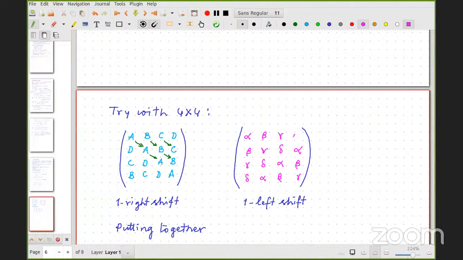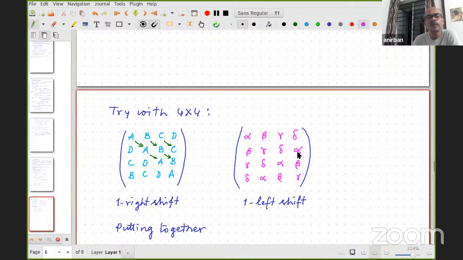So gamma and delta. Yes, then it matches. So alpha, beta, gamma, delta. And then we are shifting to the left. Again to the left, the same thing happens.